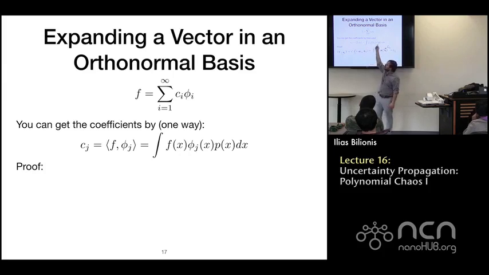This would be called the Galerkin approach. And there is one more way, which is to take this expansion and plug it into whatever equation you have and derive an equation for the coefficients, which would be the intrusive approach. We will do all 3 approaches, but one at each lecture. Right now, I just want to talk about the phis, okay?